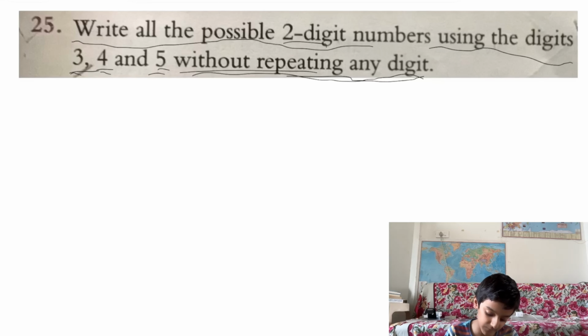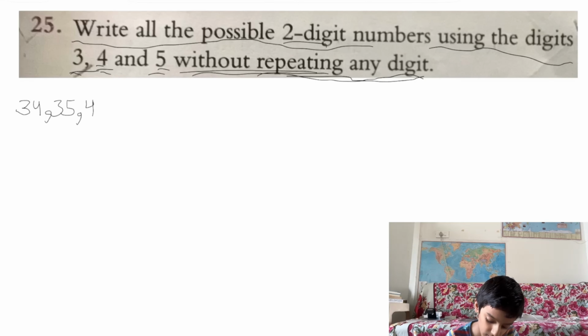So first we will fix 3 as the tens place. 3. Now with 3, first we'll put in the units digit 4. Then we can put in the units digit 5 here, but we cannot put 3 in the units place because it will be repeating and we do not want to repeat any digit in any number. So now we have done with 3. Now we'll fix 4 in the tens place.